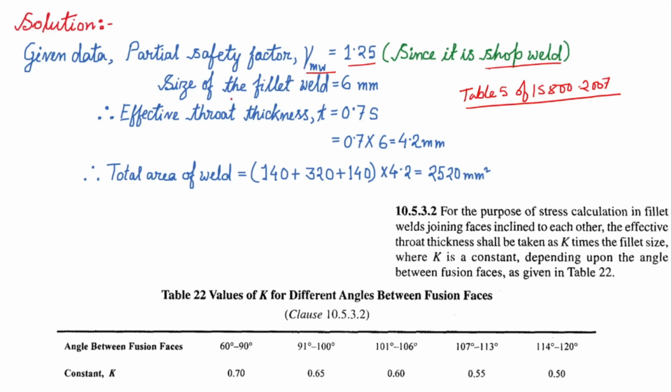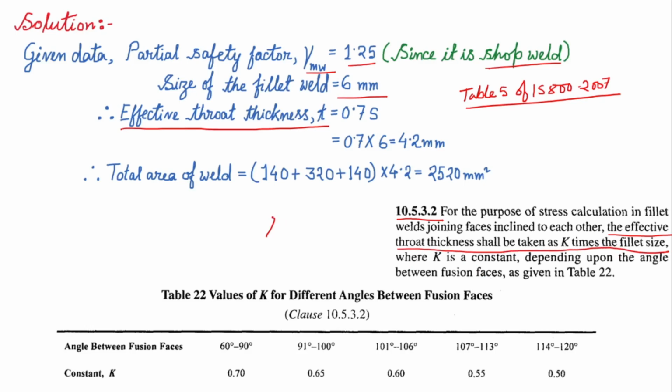Next, the size of the fillet weld, which is given in the question, is 6 mm. Therefore, effective throat thickness, small t. If you follow clause number 10.5.3.2 of IS 800, it is given that the effective throat thickness shall be taken as K times the fillet size.